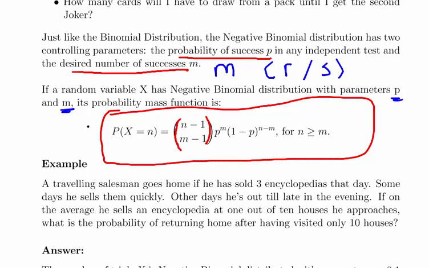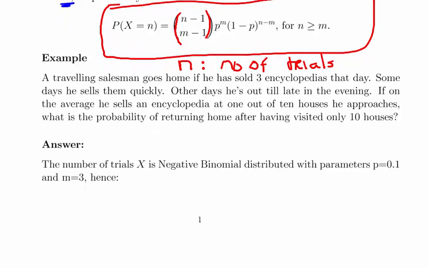N is how many trials, so N is the number of trials. And that's what we're asking for ourselves here, so the number of trials required to achieve M successes. It's very similar to the binomial distribution.